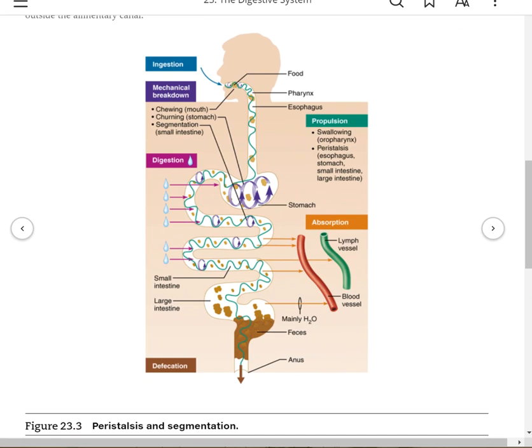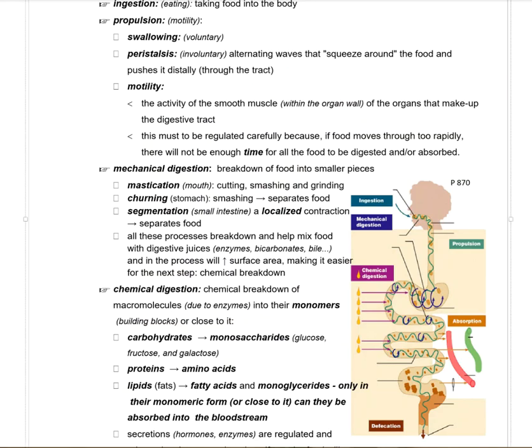What this shows is all of the different processes that are occurring in the digestive system. Some of these processes occur in multiple areas. Some processes only occur in one area. So we're going to go through them all, and we can follow along in these colored areas here, and then note what is in the lecture notes. So let's go ahead and do that.